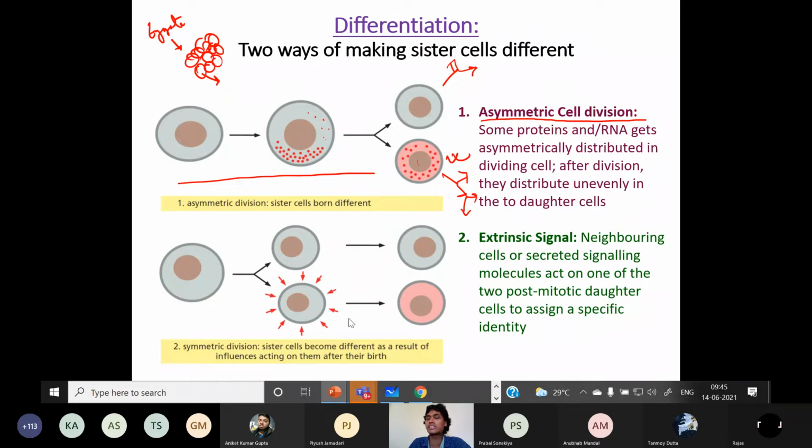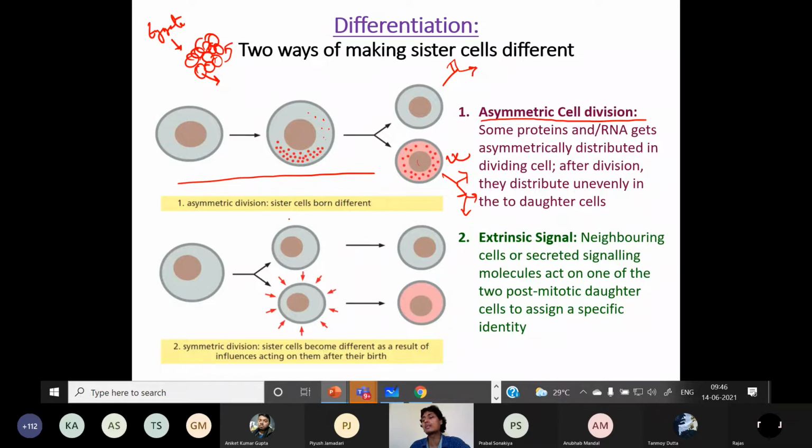It is a kind of extrinsic signal. Maybe there are many cells together, and one of the cells helps others to convert, to make them a little different. Now you will ask me why this cell is helping, why it induces or provides some signal to this cell. Yes, this is very complex, I would say, but this also happens.